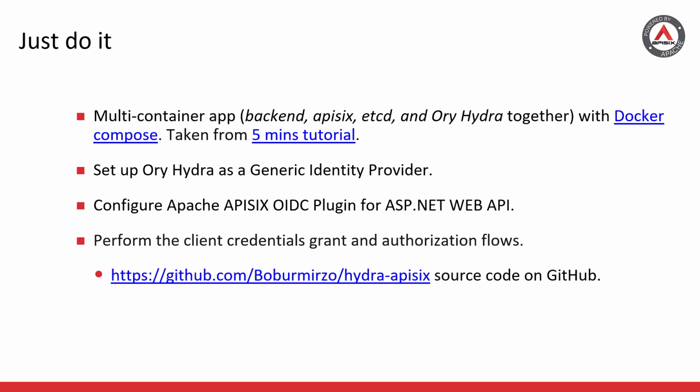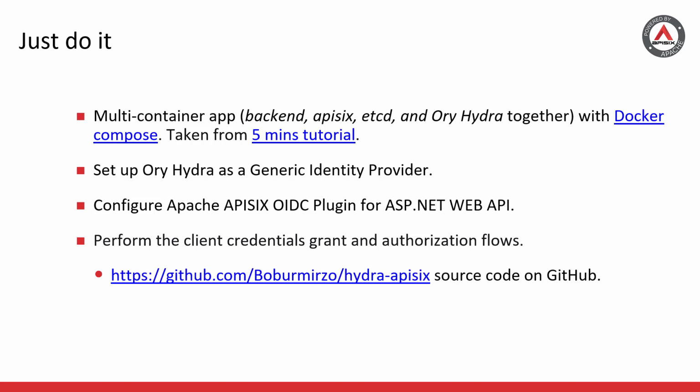So with all the theoretical knowledge in mind, now we can jump into the demo session. Today we're going to run a multi-container app by using Docker Compose. This example is partially taken from the Ory Hydra 5 minute tutorial, how to get started with Ory Hydra on their official website.